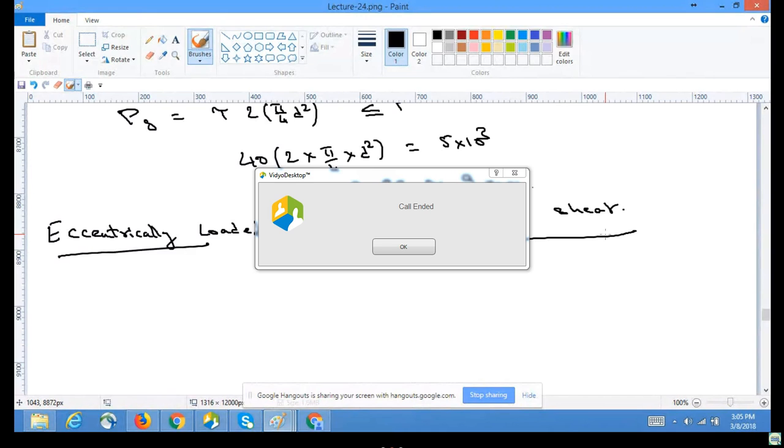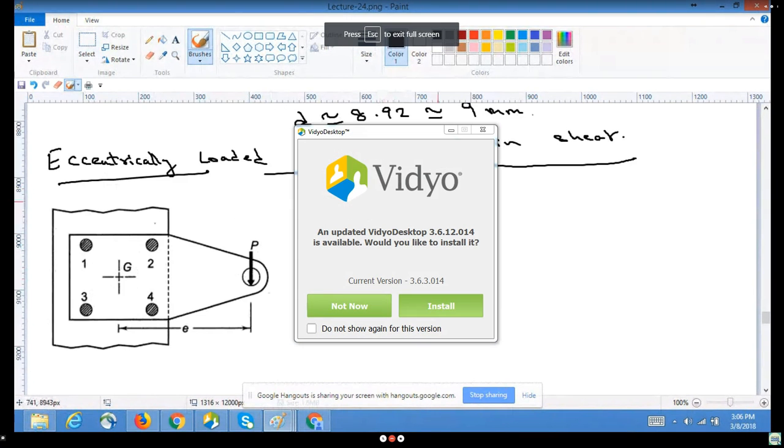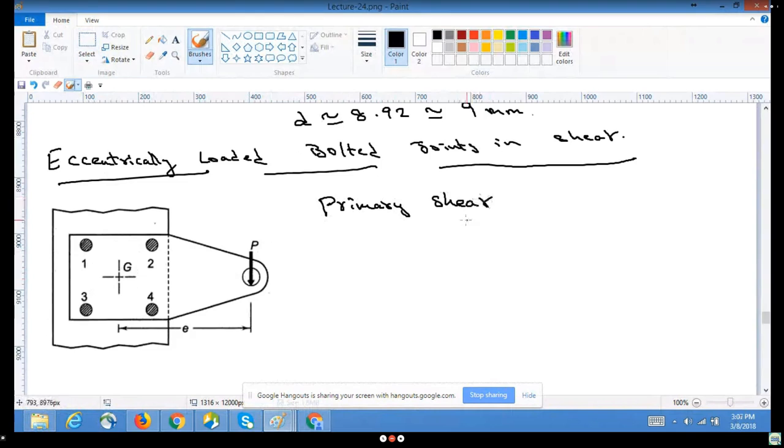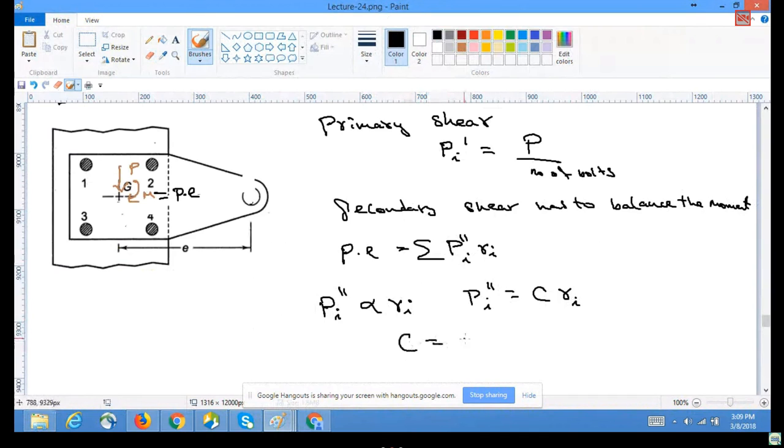So in this case, let us see an example of shear. In the bolt, Pi double dash is equals to C times Ri, and our C is very similar to the previous case. After substituting this into this, we can say that our C is given as summation of Ri square.